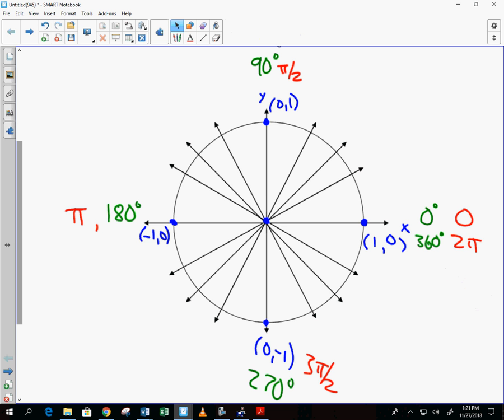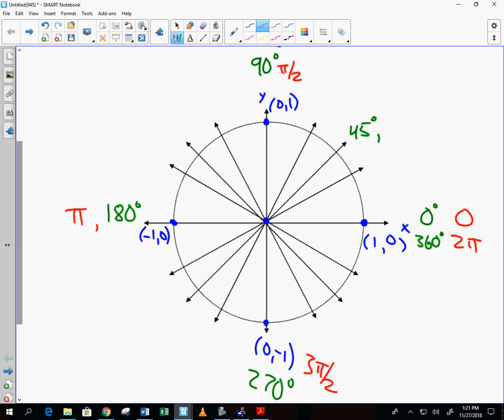So we want to start to make that connection. Trust me, I've done this many years. I'm going to help make it work for you, okay? So we got our 90-degree markings worked out. We're going to move to half of 90. What's half of 90? I'm going to move to 45 degrees. I want to come up with the radian measurement.